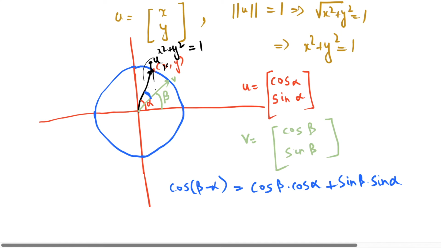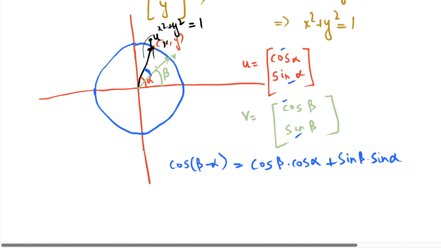And if you look at this result more carefully, you will see that this is a product of the first element of u and v added to the product of the second element of u and v. So if you have, let's say, theta, which is the angle between two unit vectors, that is vectors whose length is 1, and let's say the vector u be x1, y1, and the other vector v be x2, y2.